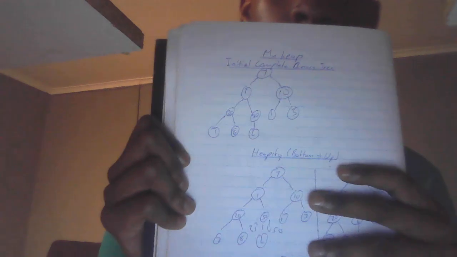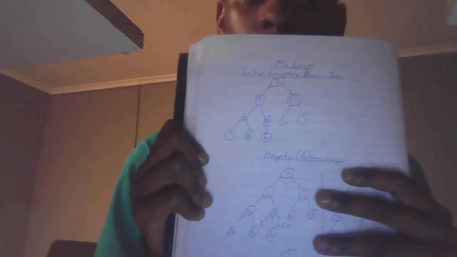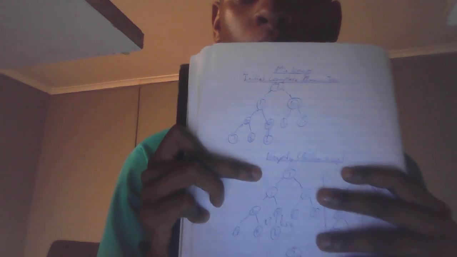Basically, guys, you're going to do the same thing in the main heap, which is 7 at the top, which is our root, then 2, which is our last leaf. Here we check if 2 as our last leaf is smaller than 50, which is true.